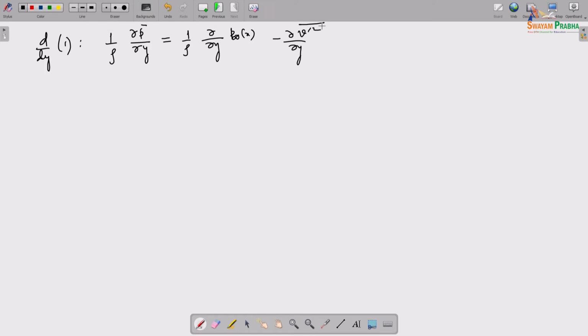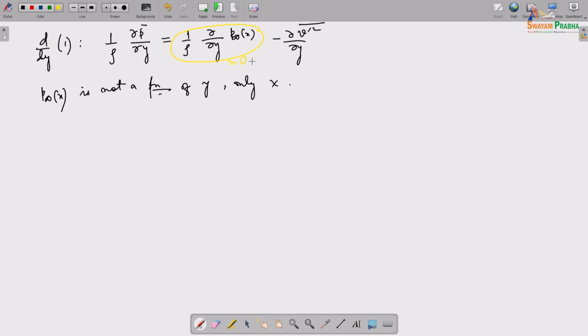Definitely the free stream pressure is not a function of y, and only x. So P infinity does not depend on y, it depends only on x. In that case, what do you think of this term? This term is going to go to 0 because del del y of P infinity of x is going to be 0. So that term goes to 0. We are left with this.